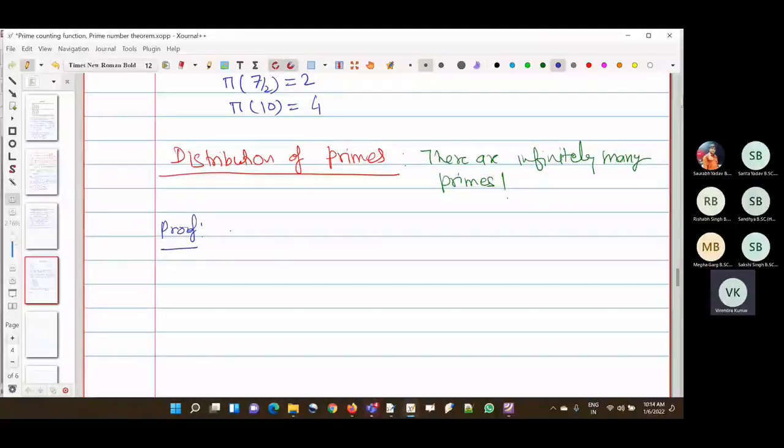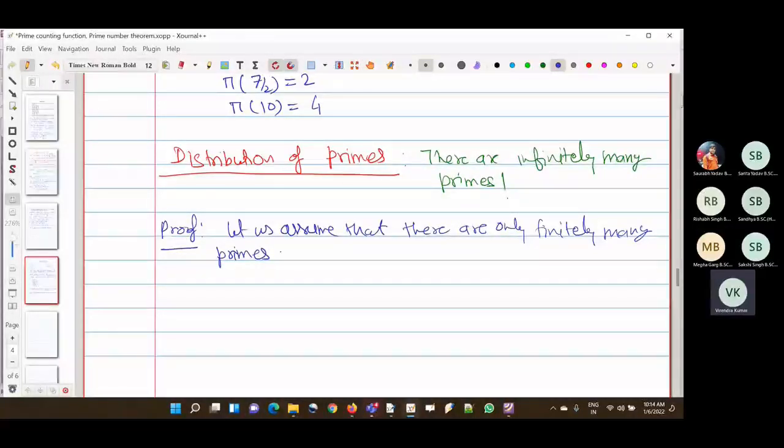Let us assume that there are only finitely many primes.